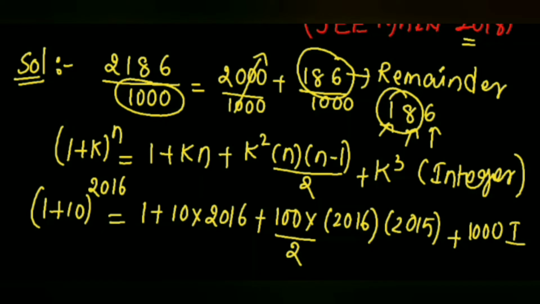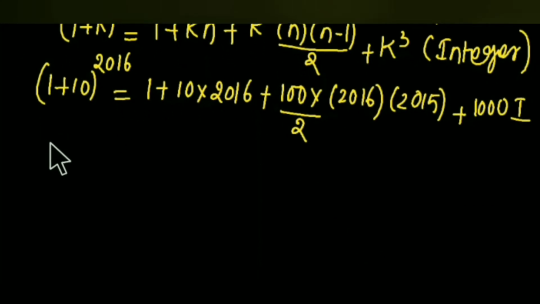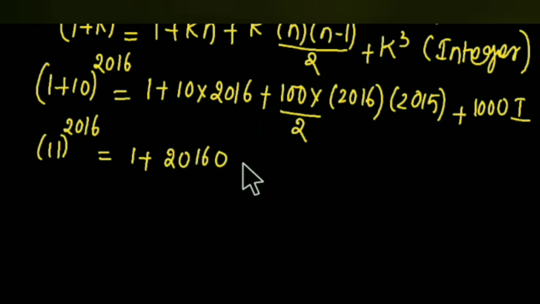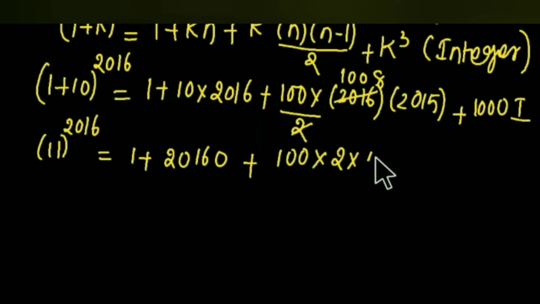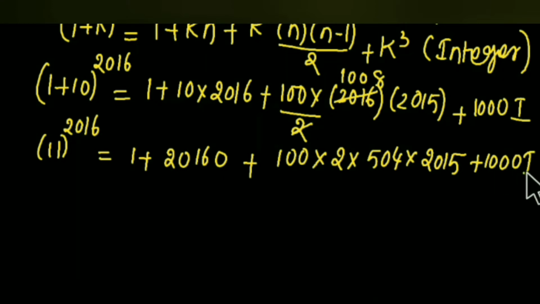We can write 11 to the power 2016 as 1 plus 20,160 plus 100 into 1008 into 2015. Again, 1008 can be written as 2 into 504, so 100 into 2 into 504, plus 1000 into some integer.